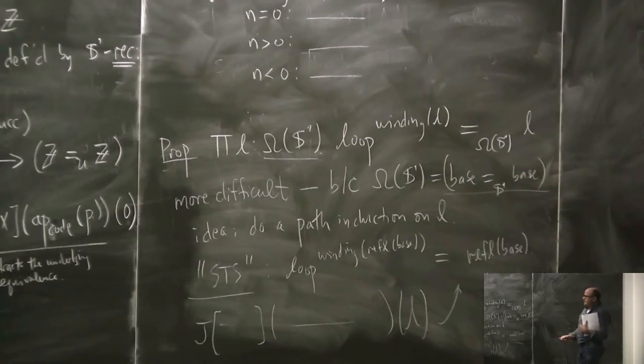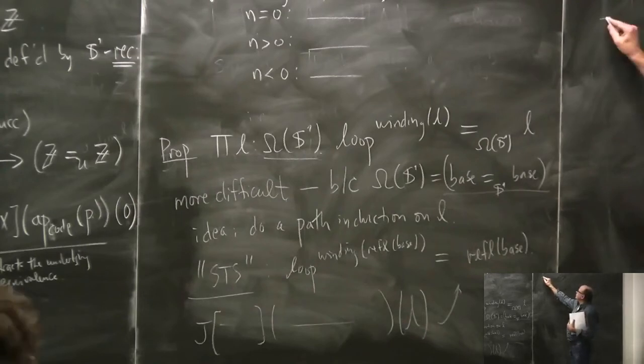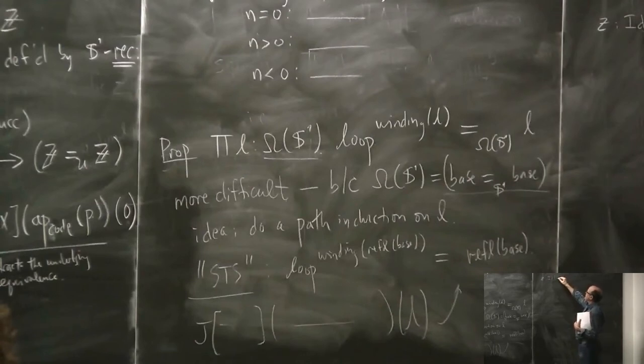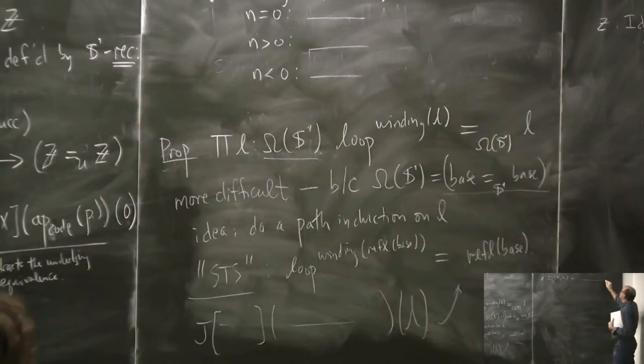The problem is that what path induction lets you do is reduce a fact. Let me write it in the most abstract sketch form to remind you. It lets you prove a property P of M, N, and Z, right? That's what path induction lets you do.